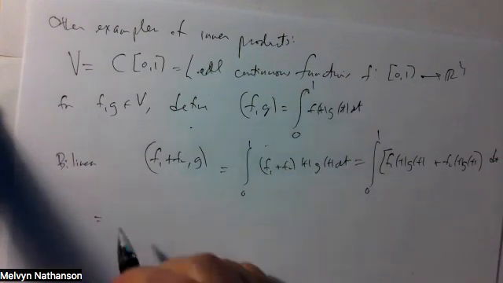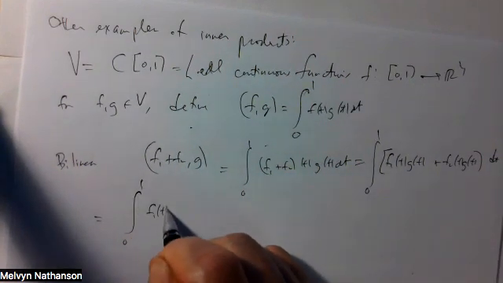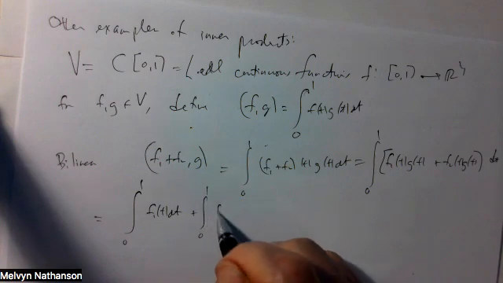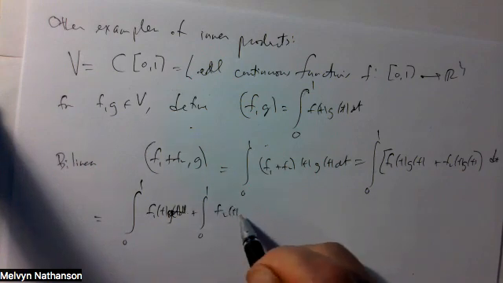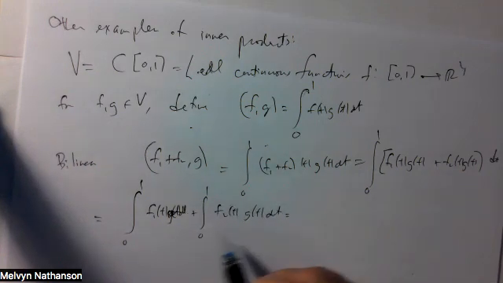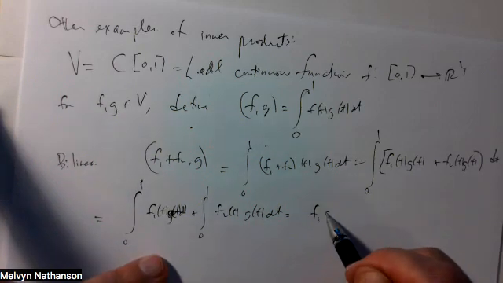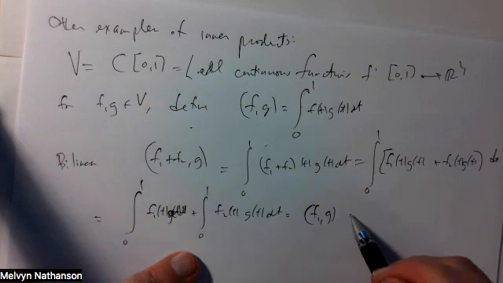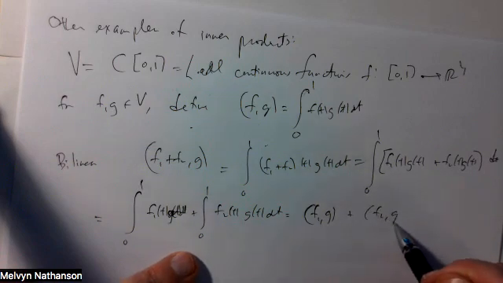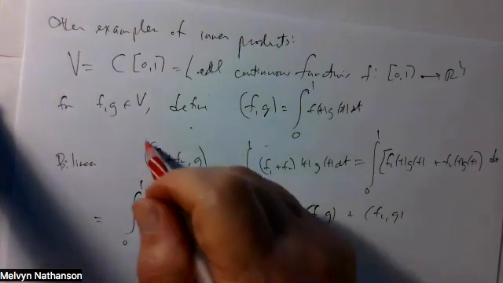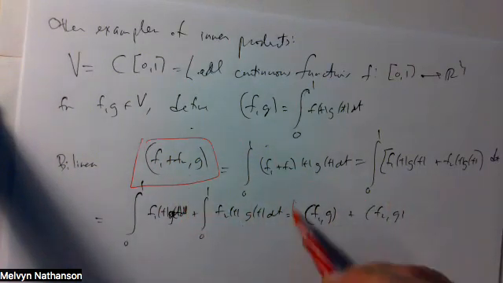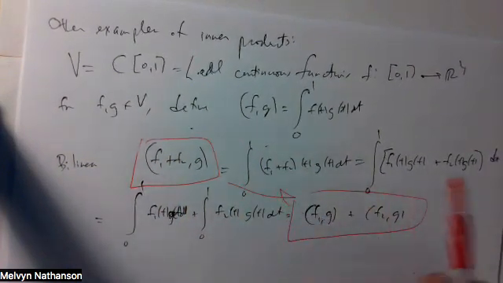The integral of the sum is the sum of the integrals. f1 of t g of t dt plus f2 of t g of t dt. This first integral is the inner product of f1 and g, and the second integral is the inner product of f2 and g. So f1 plus f2 comma g is f1 comma g plus f2 comma g.